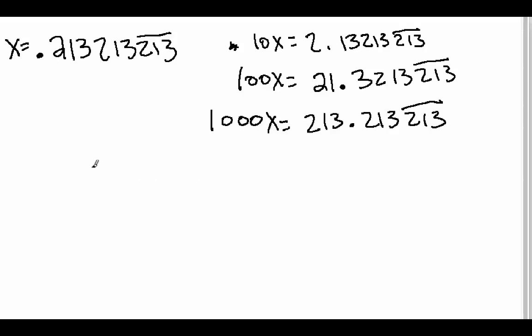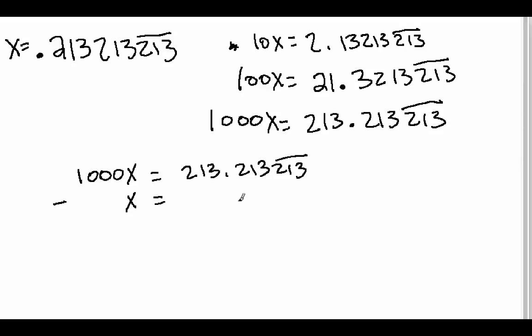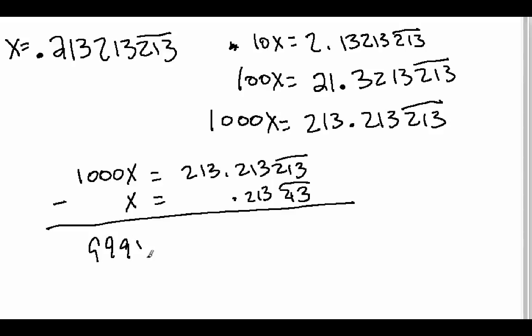So I want you to notice the following. If I take 1000x and subtract 1x, this is equal to 213.213213..., and x is equal to 0.213213 repeating. And I do the subtraction. Well, 1000x minus x is 999x.